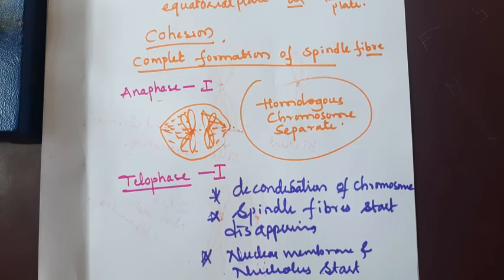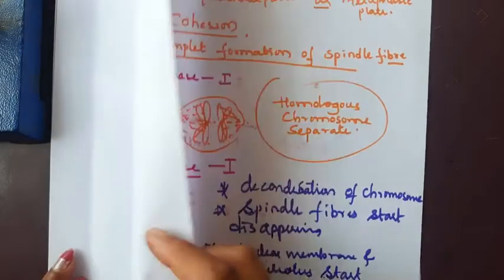After meiosis 1, the next process is meiosis second. Meiosis second is the second meiotic division. It is similar to mitosis. It is also an equational division, but the genetic material is distributed differently than in mitosis.